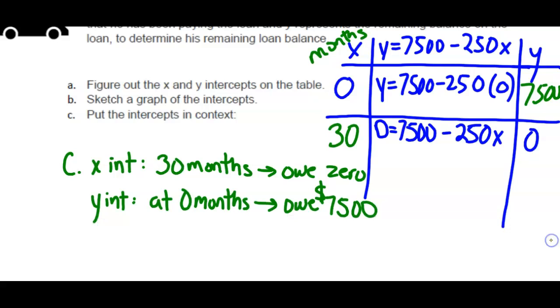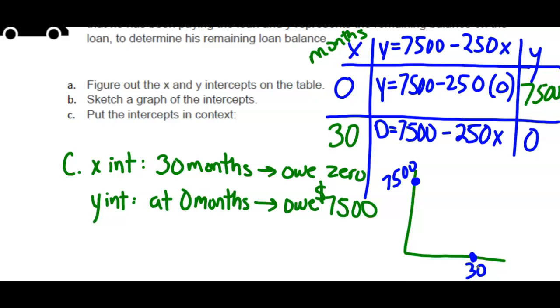Now let's sketch that graph. If I'm going to sketch the graph, it's literally just a sketch. So I'm going to put my 7,500 up here. I am going to put my 30 down here.